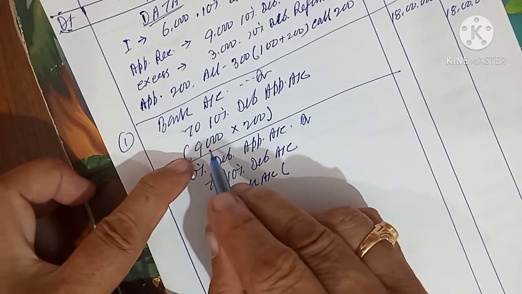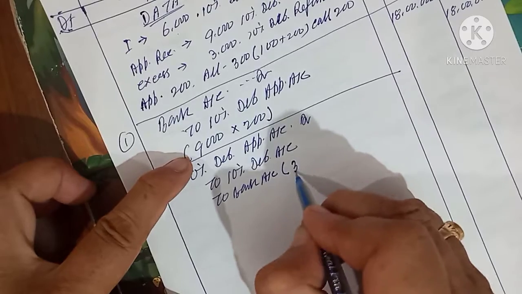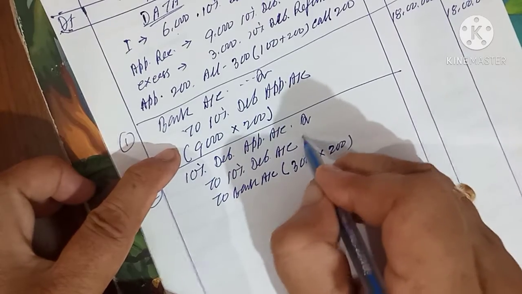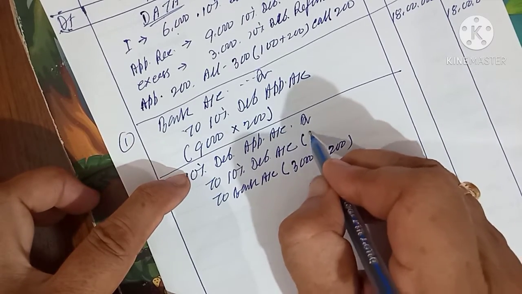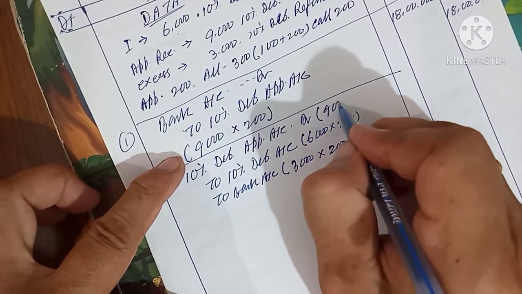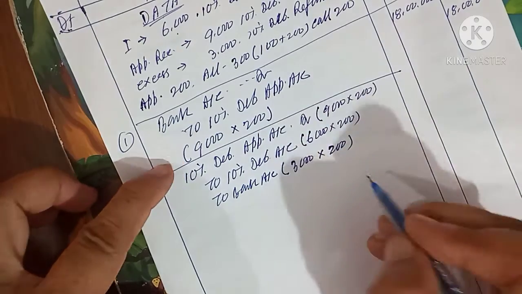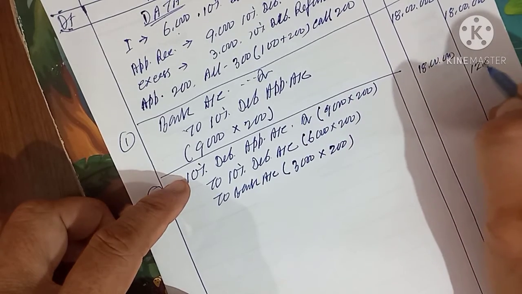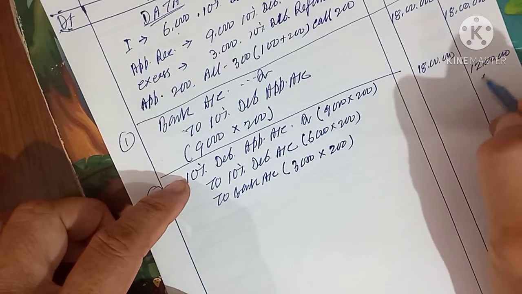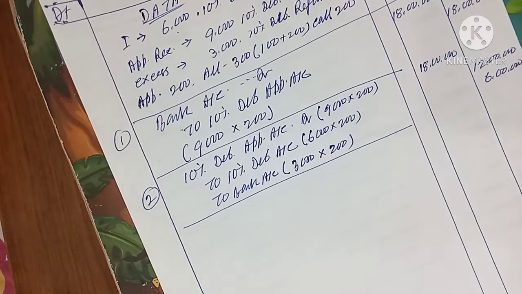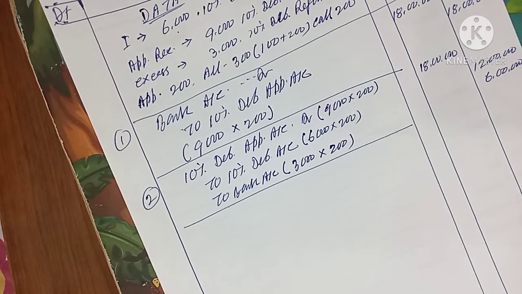Bank account you already know, because this is 9 and this is 6, that means 3,000 debentures of rupees 200. 9,000 into 200 is 18 lakhs, this is 12 lakhs, and this is 6 lakhs. That means we are going to refund 6 lakhs. Out of the 18 lakhs, 12 lakhs is our money, and we are going to refund the 6 lakhs.